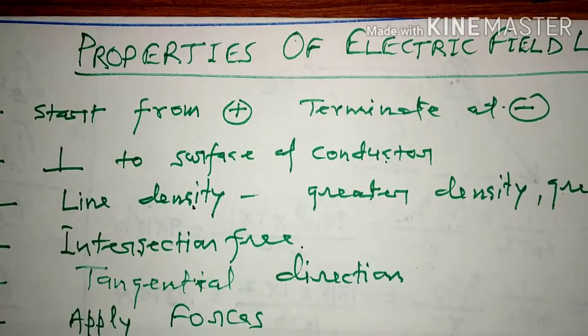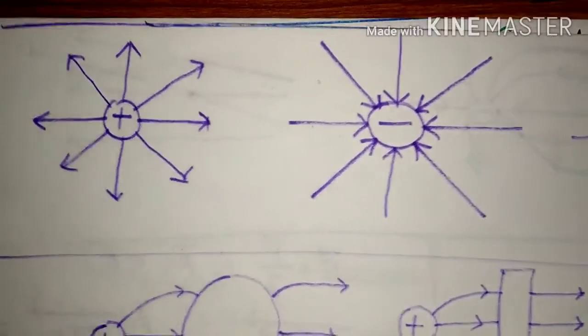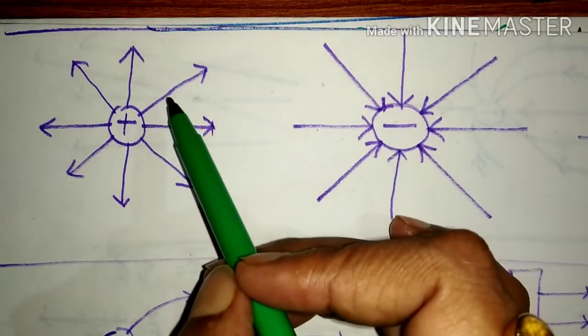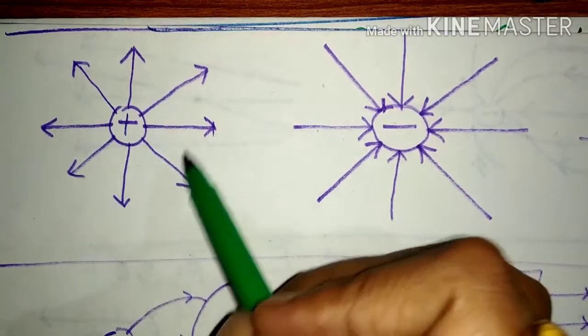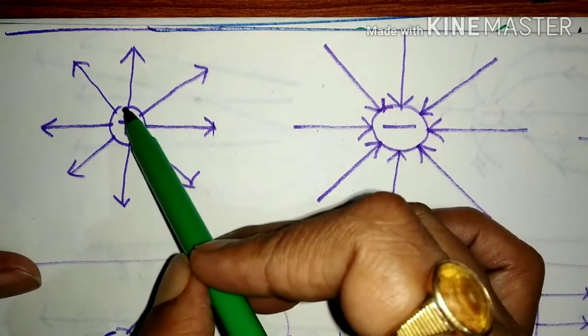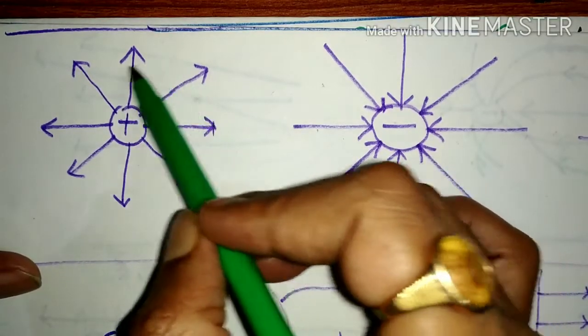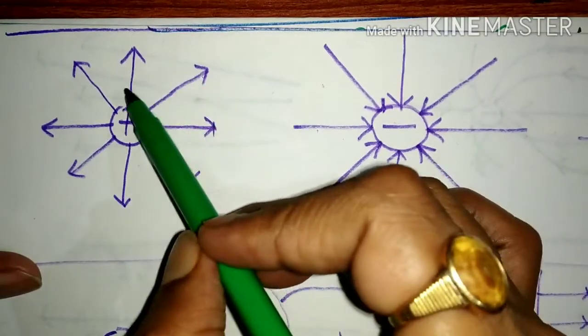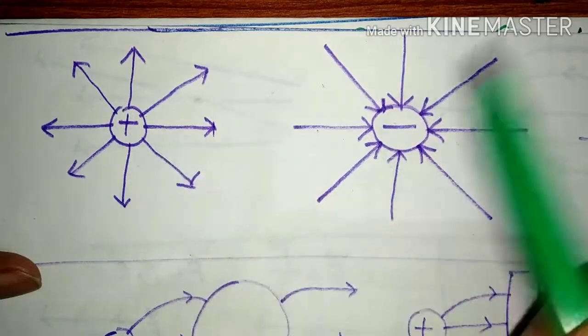Now let's see. This is a positive point charge, and these are the electric field lines. All these electric field lines are starting from positive, and due to a point charge, the electric field lines are always radially outward.